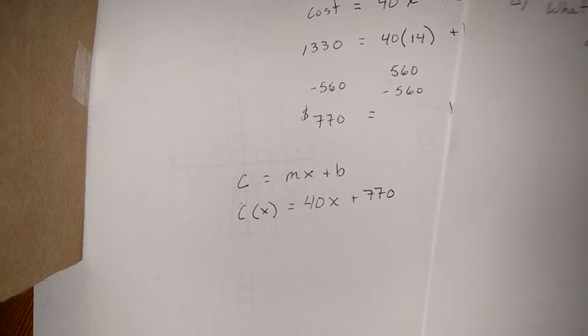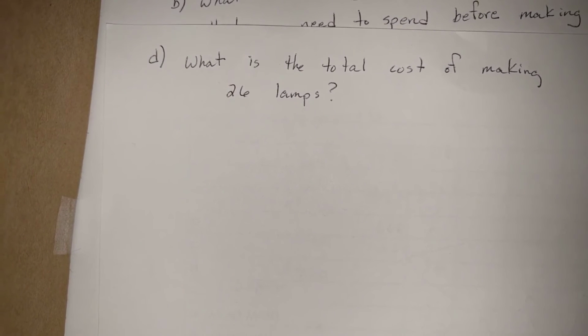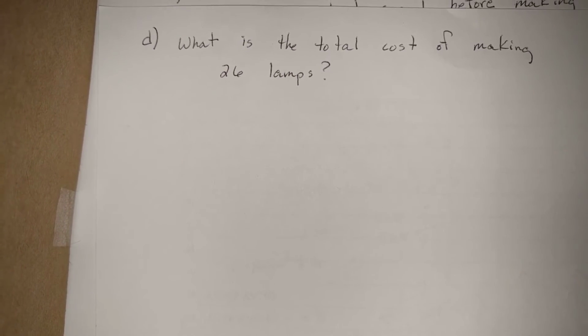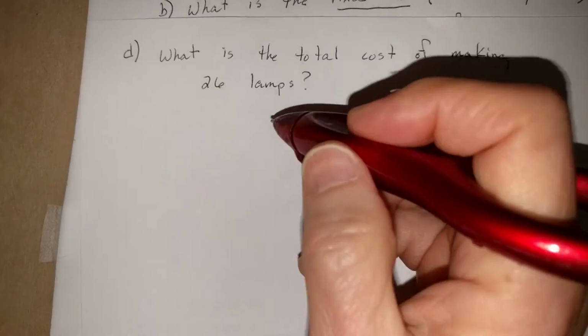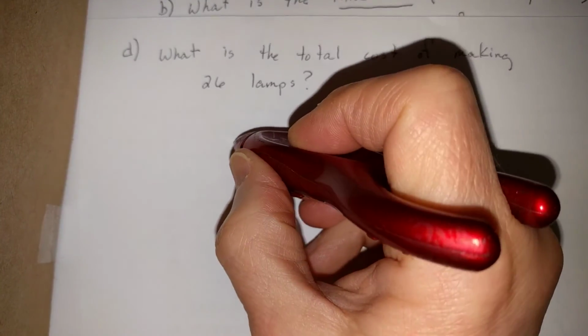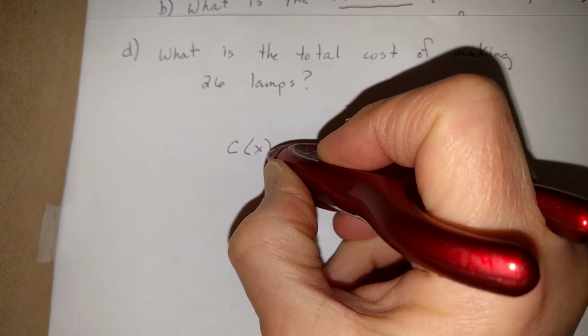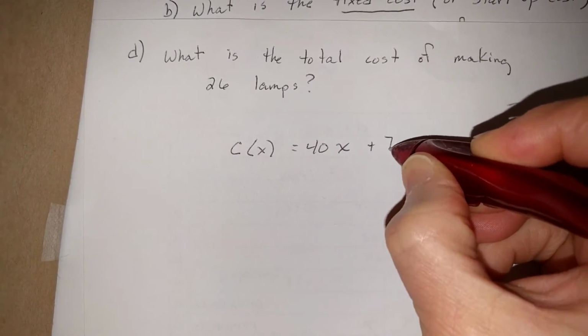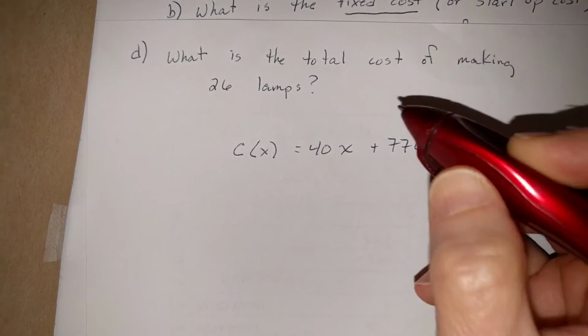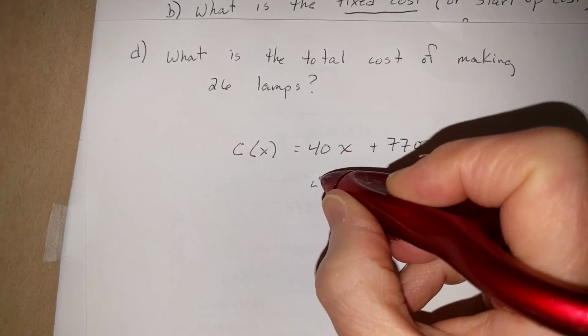Next, the problem asks, what is the total cost of making 26 lamps? Well, we just found cost as a function of x equals 40x plus 770. 26 lamps would be x equals 26.